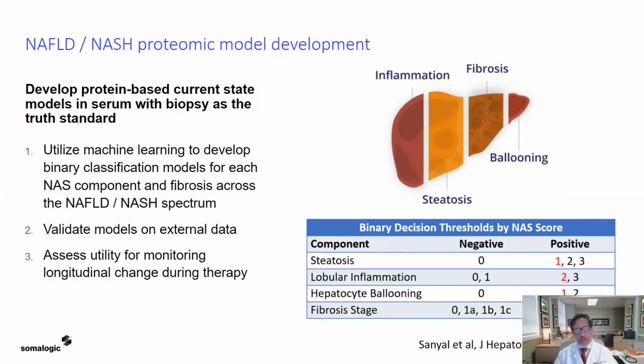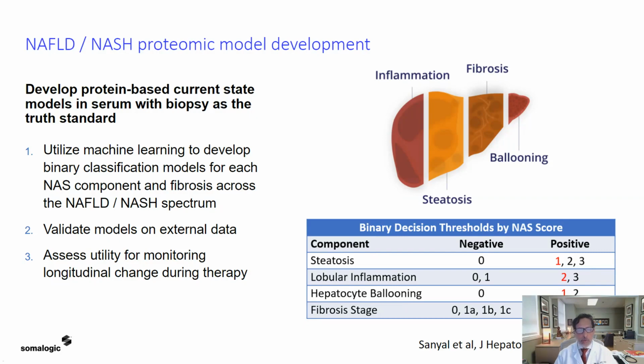This is how we approached this. This was published recently in the Journal of Hepatology, so everything I'm going to review with you is in the peer-reviewed public domain. The idea was to develop protein-based current state models in serum with biopsy as the truth standard.